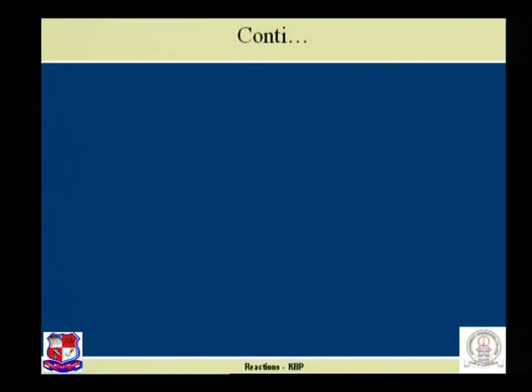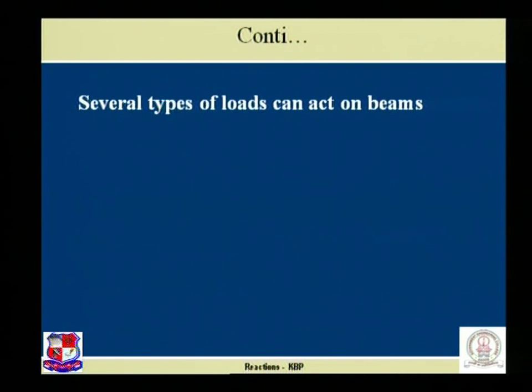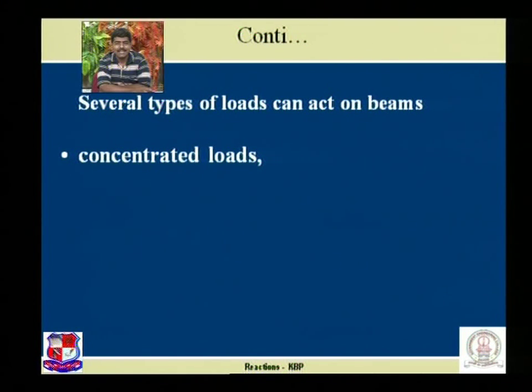Next, several types of loads can act on a beam, categorized as follows. The first one is the point load, or concentrated load: the load which acts at a certain point. Then distributed loads: loads which are distributed over an area or a length, specifically on a beam.